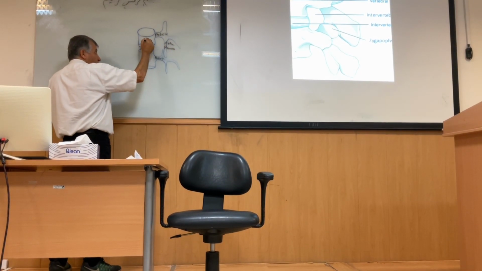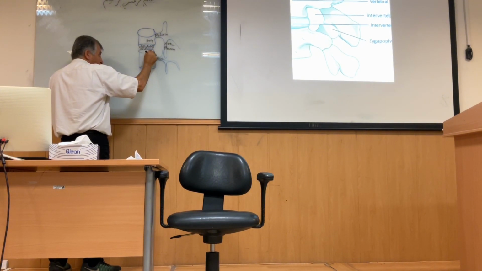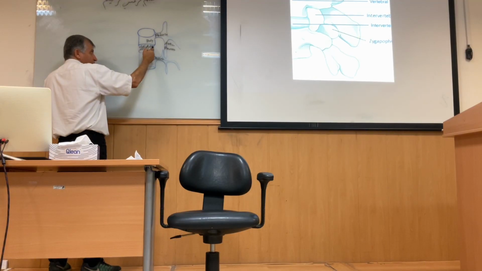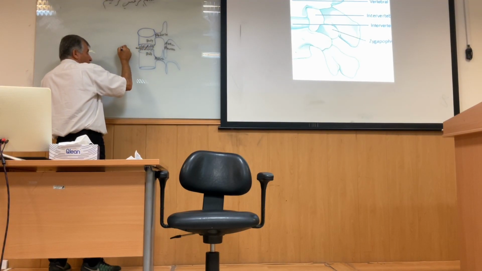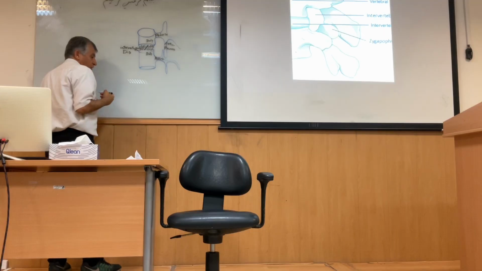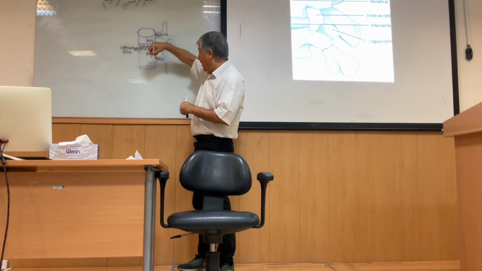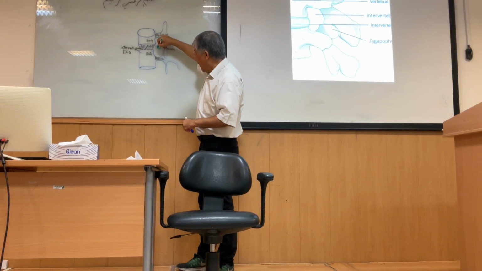Anteriorly by body of vertebra and intervertebral disc. Okay? This one is intervertebral foramen for exit of spinal nerve.